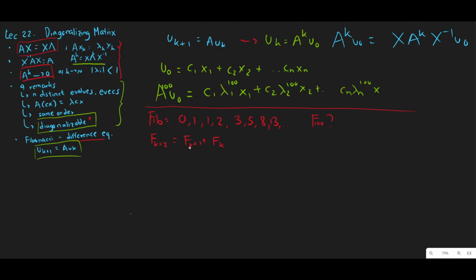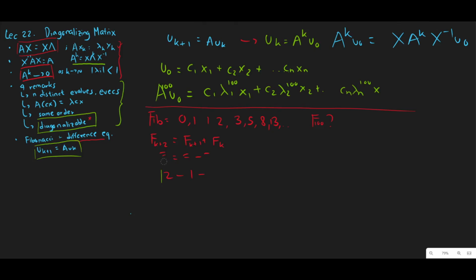So F2, with k equal to 0, is F1 plus F0, which is 1 plus 1. So in this case, there will be 3, right? If I count from 0, then this is 2 and this is 1. So my third term here will be the second term plus the first term. Okay, so that's pretty clear. Let me quickly delete that.